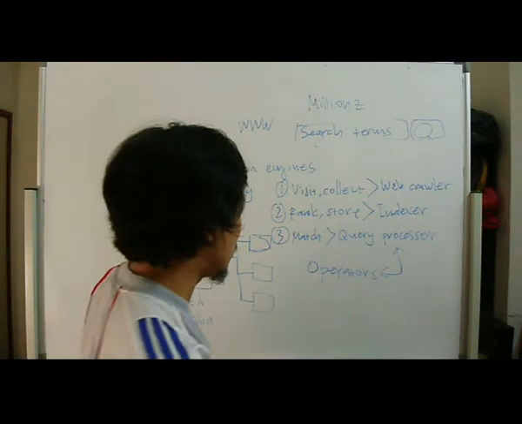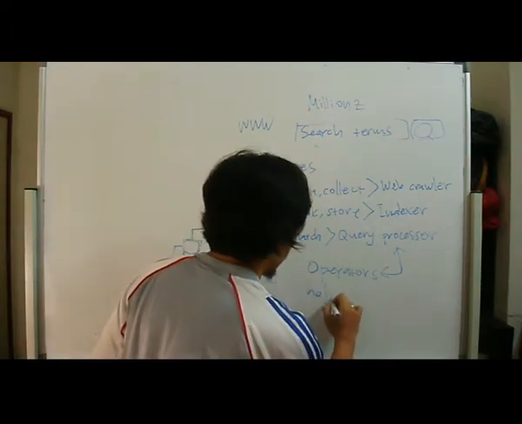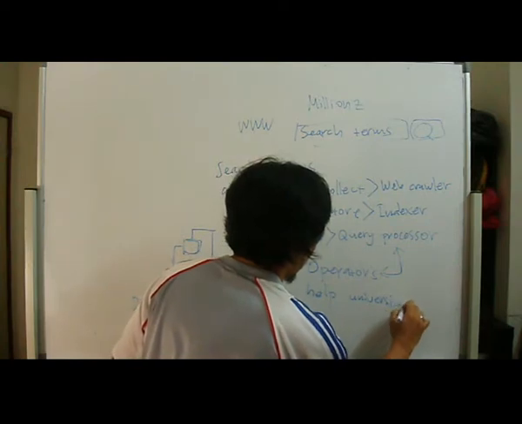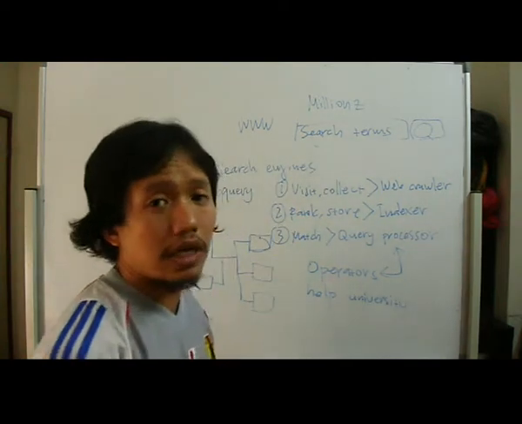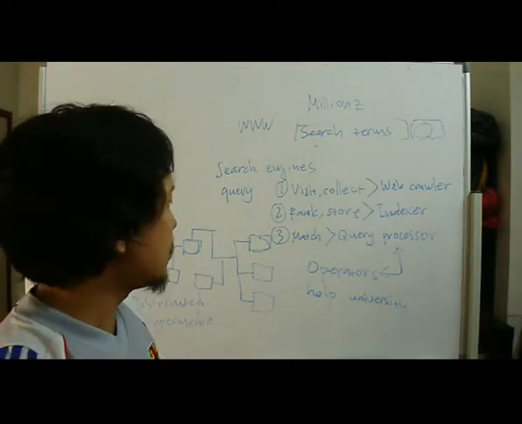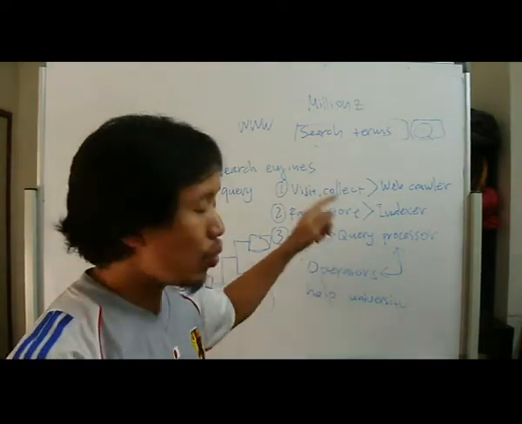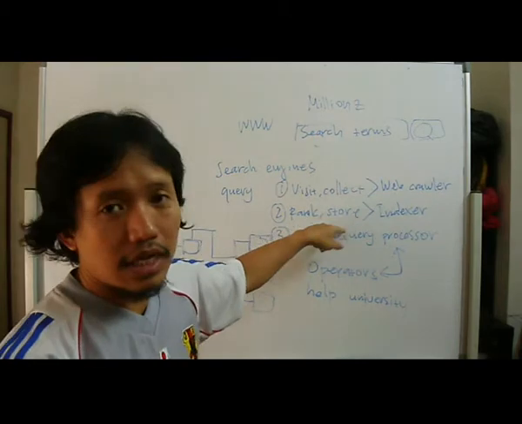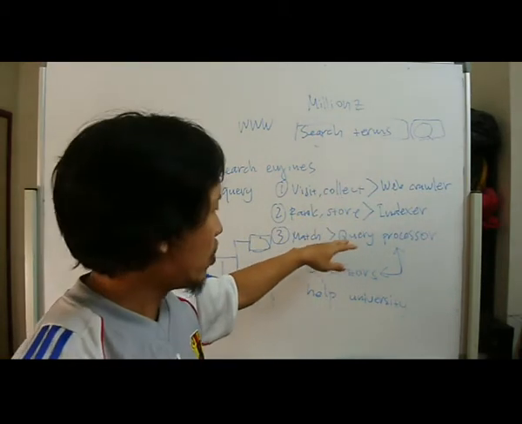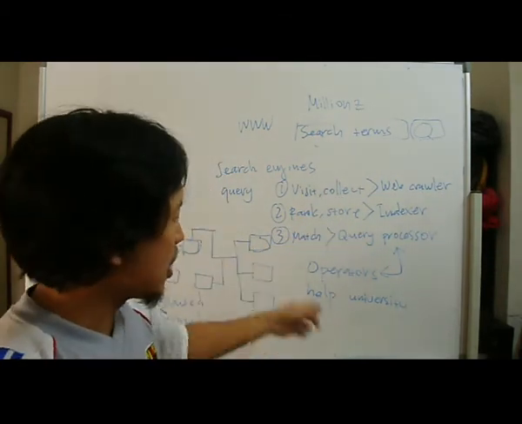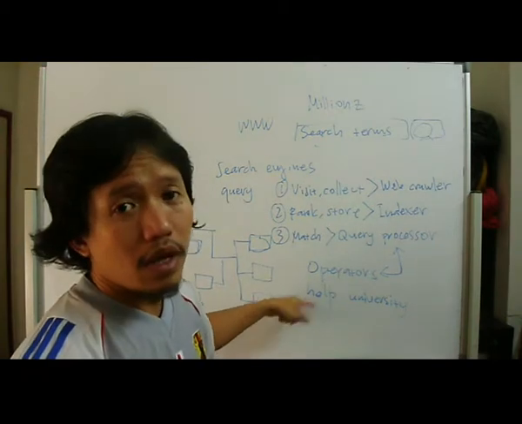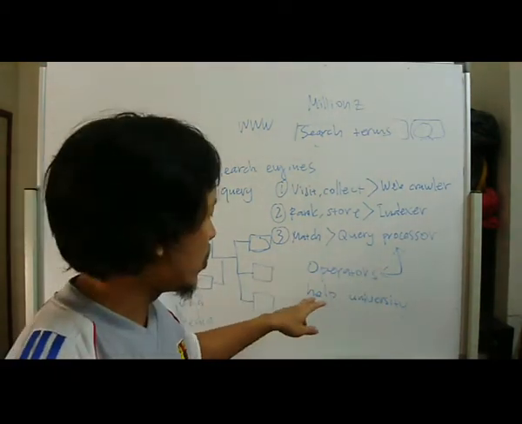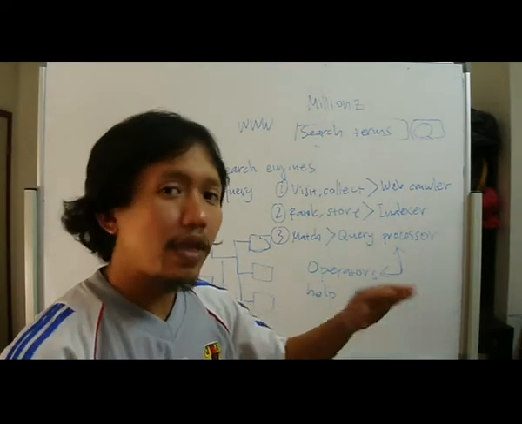Let's say, for example, if you search for Help University, just a generic search like that, what happens is that the query processor will match it with as many files inside the database as possible. It will match all the websites that have the word help, all the websites that have the word university, and all the websites that have the words help and university in whatever form.